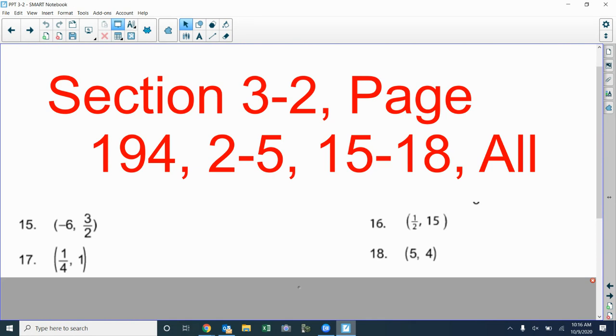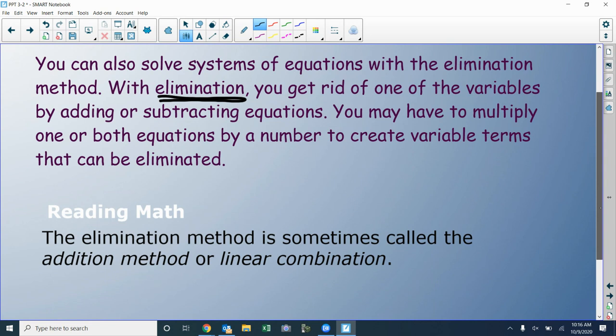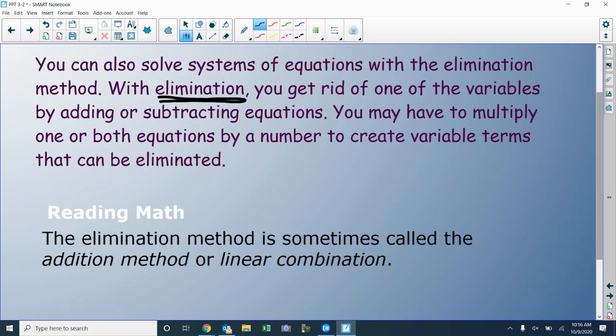All right, moving on to our next part, and that is elimination. It is the second method. There are two. We did substitution yesterday. Today we're going to do the method called elimination. I think you should remember this from Algebra 1.